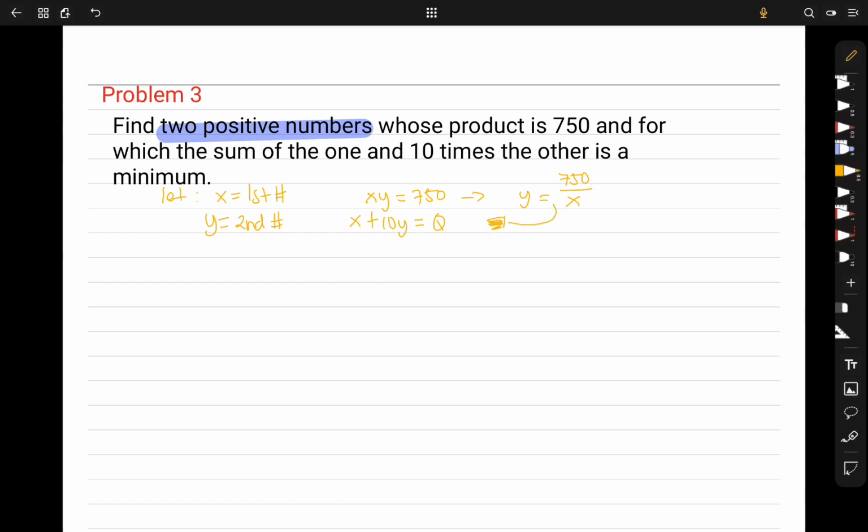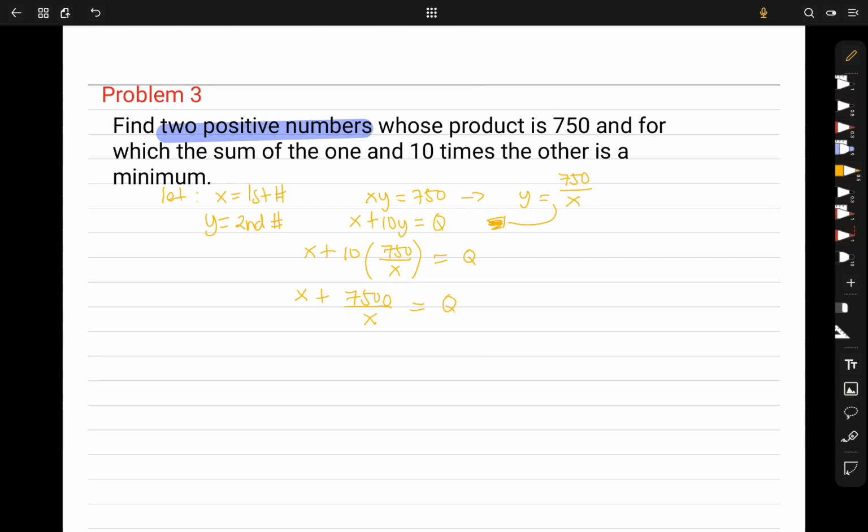So we can say that x plus 10 multiplied by 750 all over x is equal to q. So that is x plus 7,500 all over x is equal to q.